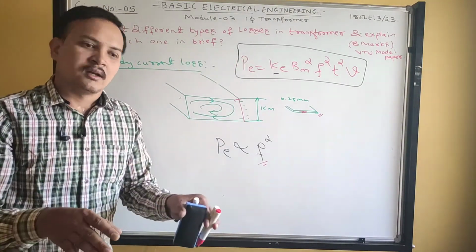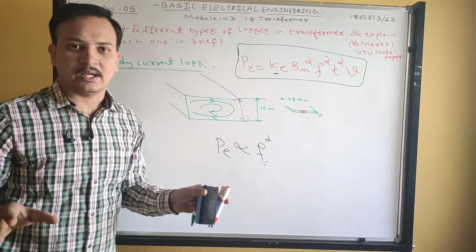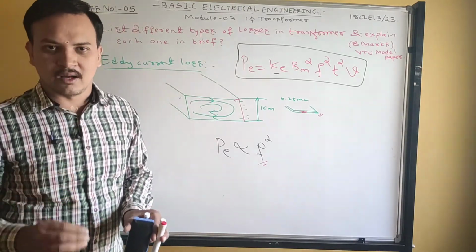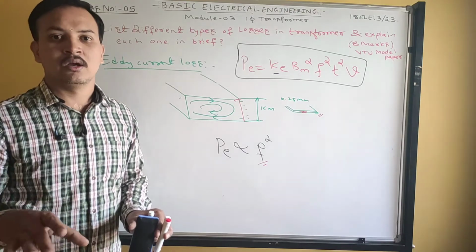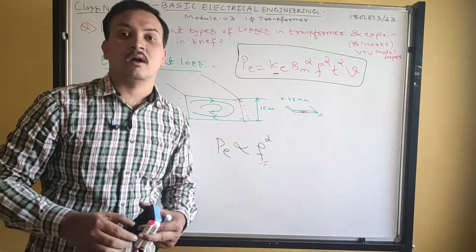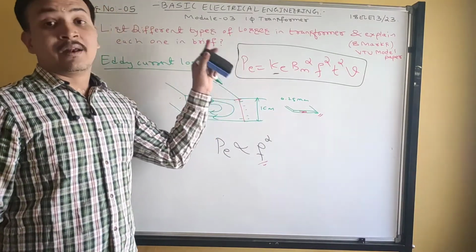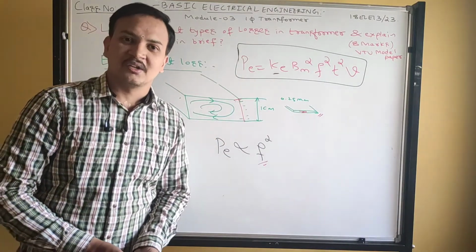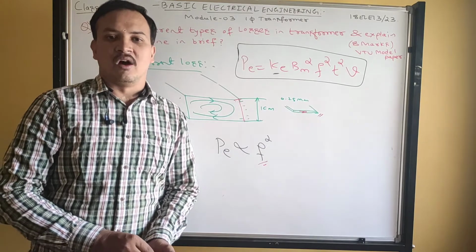Once it is designed, that loss is fixed. So it is called constant loss, fixed during design only one time. Whether the transformer is loaded or not loaded, the iron losses will remain constant, so they are called constant losses.